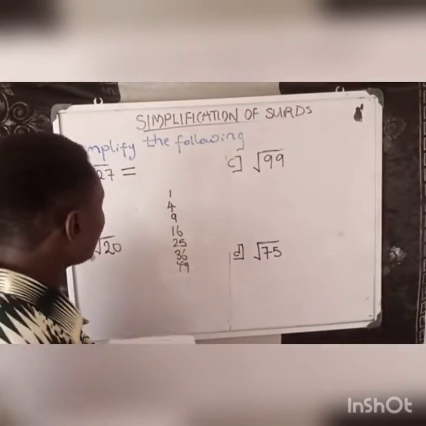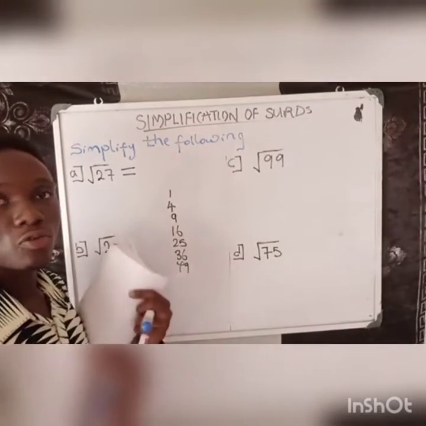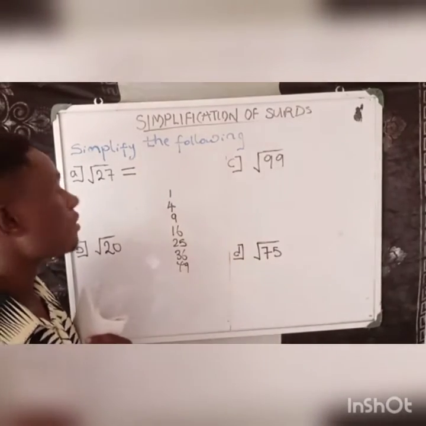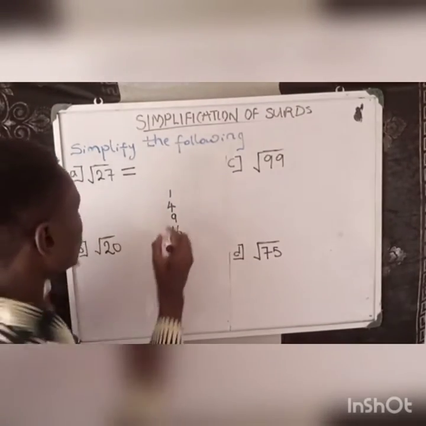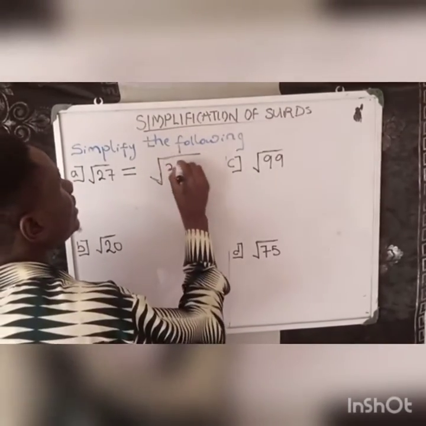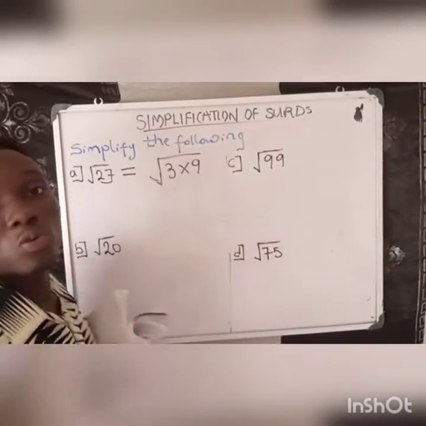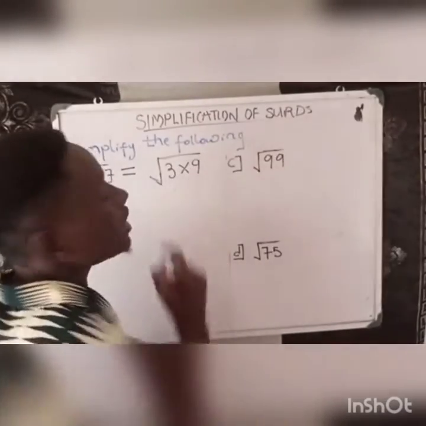So now we check 27. We check the factors of 27 that will give us a perfect square. If you check, you will see 9. So this becomes 3 times 9. We've replaced this 27 now with 3 times 9.